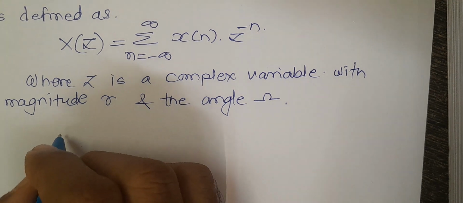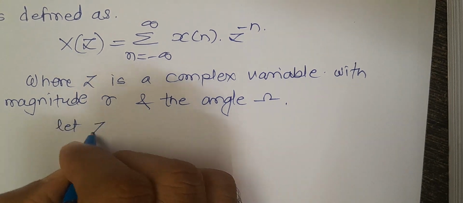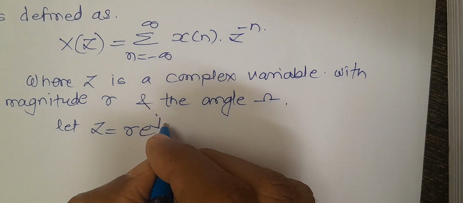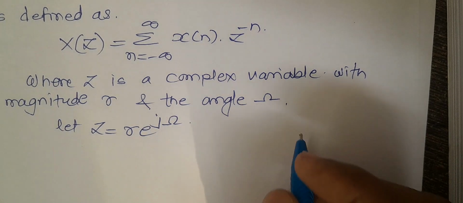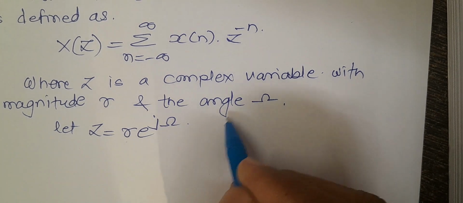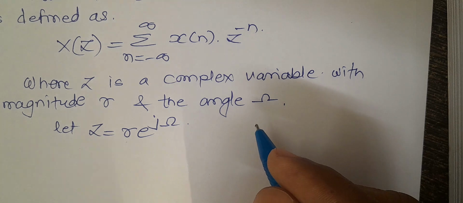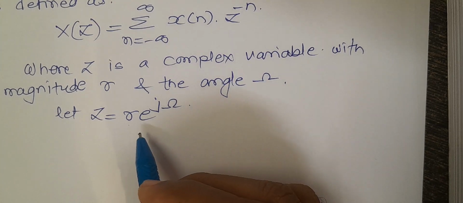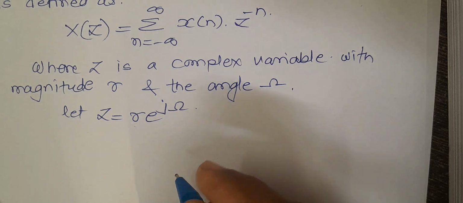So let z is equal to r into e raised to power j omega. So this r is the magnitude and omega is the angle. So this r, we can also say it is the radius of the circle.